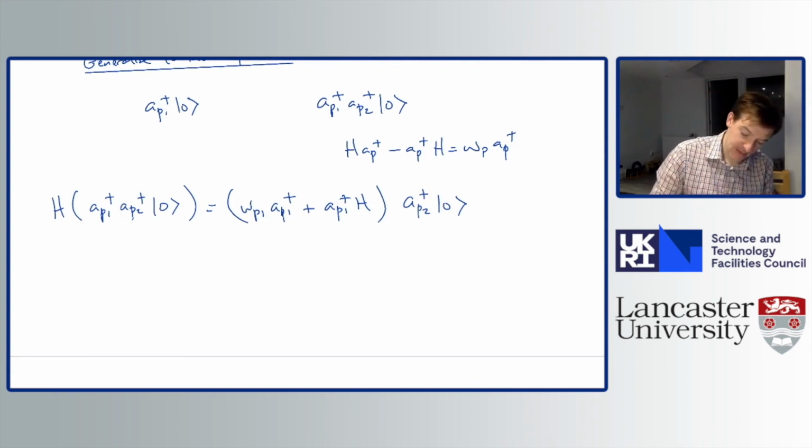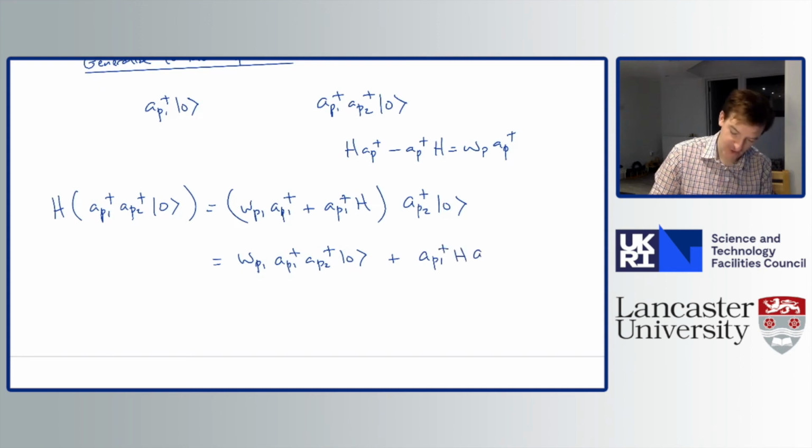So we've now got 2 terms: omega_p1 a_p1 dagger a_p2 dagger on 0 plus a_p1 dagger H a_p2 dagger 0.